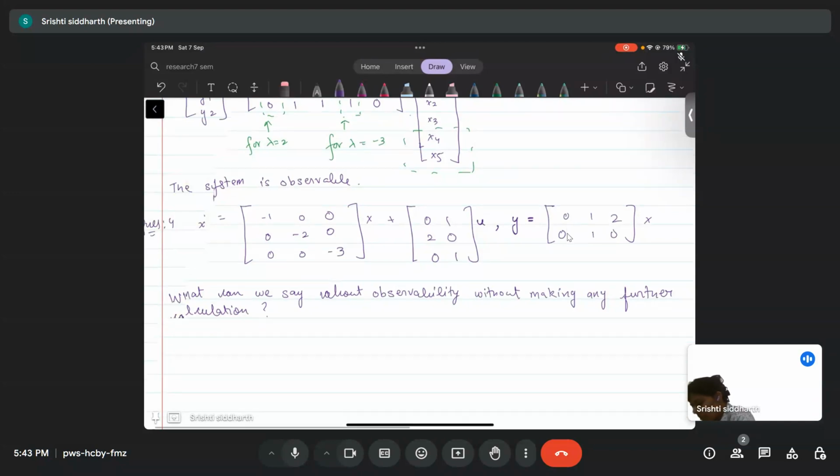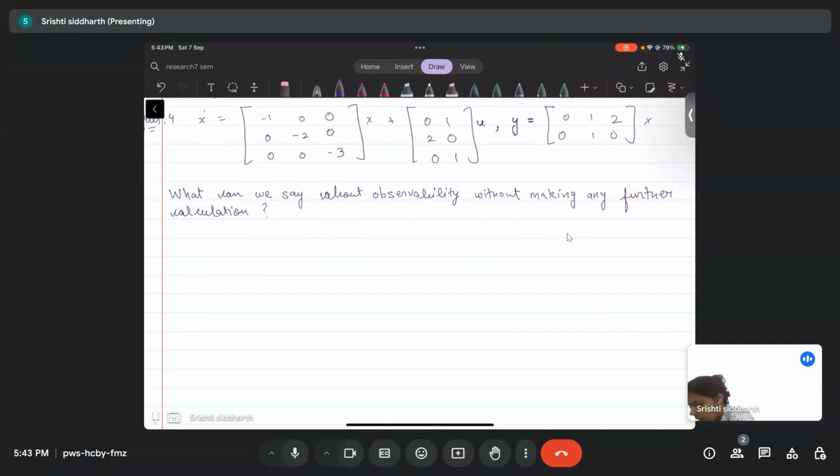Okay, so observe that this system has distinct eigenvalues at lambda equals -1, -2, -3. So this implies that the system is already diagonalized, right? Or it is already in the diagonal form. So the C matrix is 0, 0, 1, 1, 2, 0.